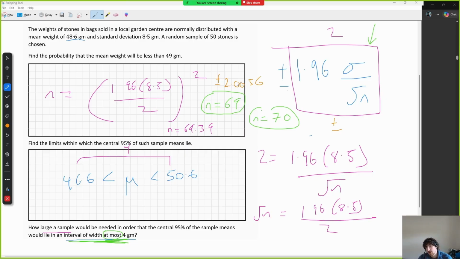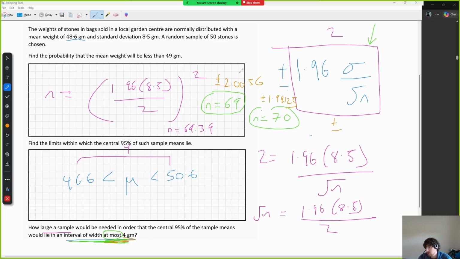So you can see now that interval will be a little bit above 4. Okay, that won't satisfy this at most 4 thing. But if you change the 69 to a 70, you'll see that the thing you're going plus and minus is 1.99125. So then the interval is actually a little bit skinnier than 4, and that satisfies the at most.